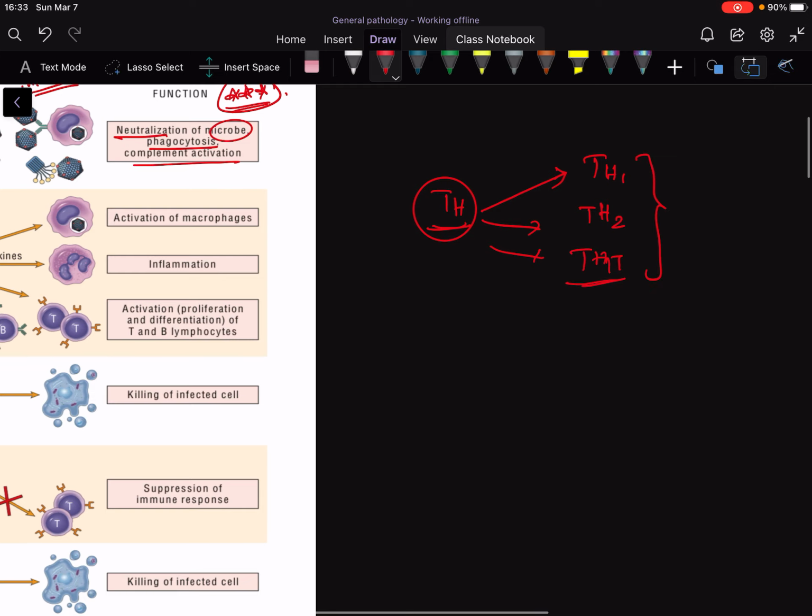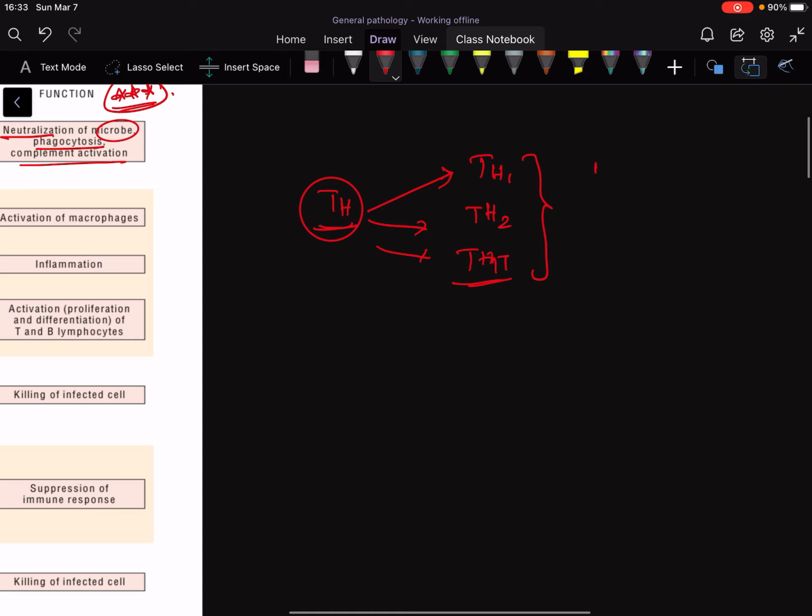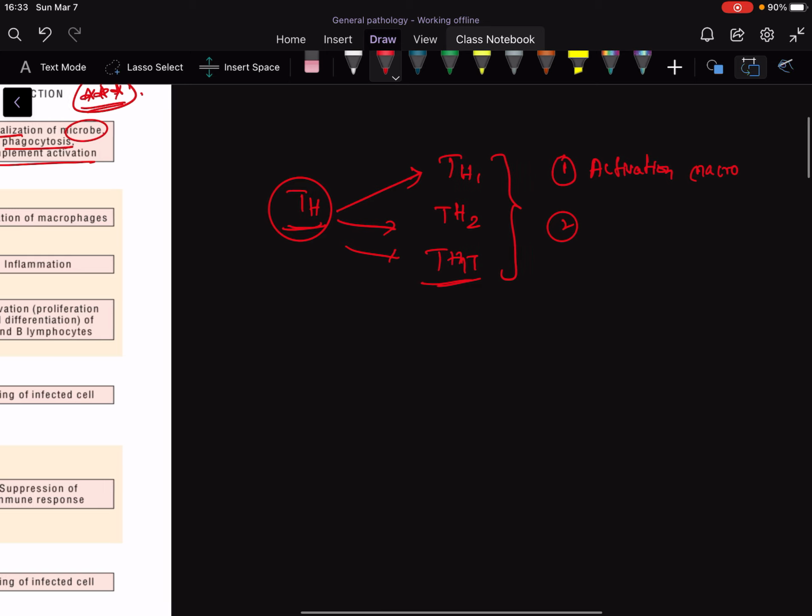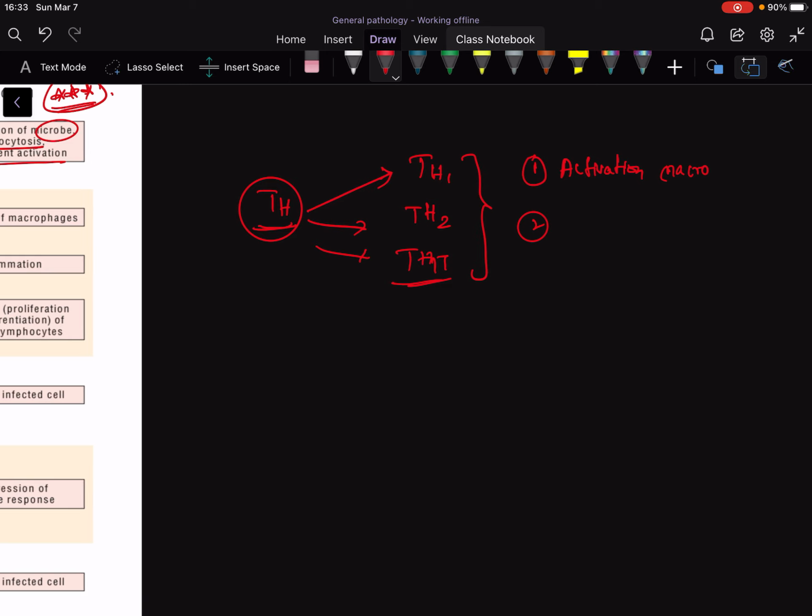The function of these T helper cells is activation of macrophages. Macrophages are activated. I will explain this one in the next video so you don't get confused. And the second one is recruitment of neutrophils.